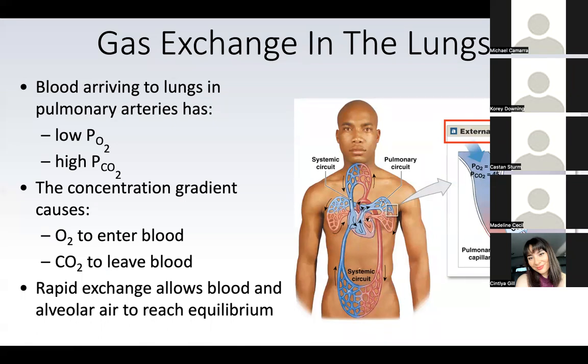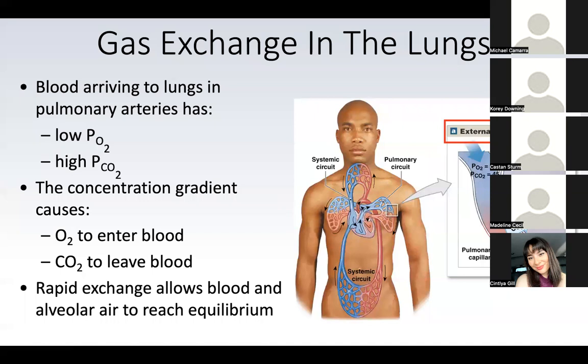So because the whole point of the respiratory system is to bring oxygen into the capillaries that will then be part of blood that will return to the heart, this time the left side of the heart, which is oxygenated, we would expect to see high pressure of oxygen in the lungs, the alveoli specifically, and then lower oxygen partial pressure in the capillaries. The opposite would be true for carbon dioxide.